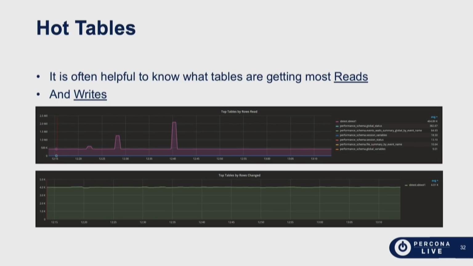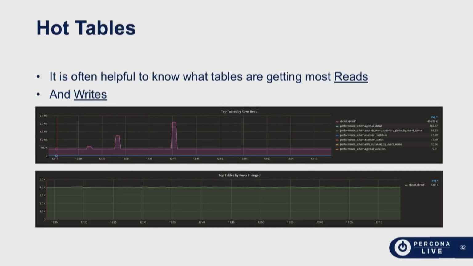Now, another thing we have here is that for many workloads, you may want to understand, okay, we talk about the number of rows processed or even handler calls, but what tables are really being accessed? In this case, through the table statistics, we can show you the top tables by the amount of rows read from them, as well as by updates.